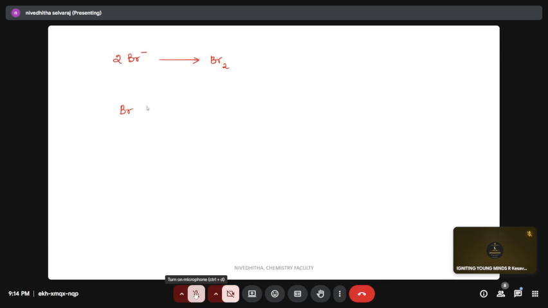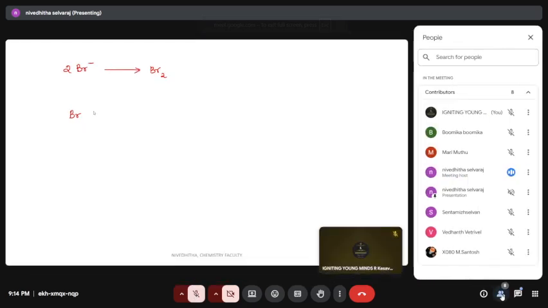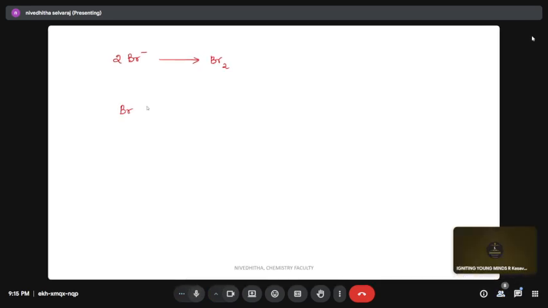If you know the atomic number, you'll write the electronic configuration to find the valence electrons. But even without knowing the atomic number, just by seeing the position of the chemical species in the periodic table, we can easily find the valence shell, valence electrons, and its combining capacity also. In the next class, first I'll teach you that, and we'll get into this reaction. His answer was perfect: 2 electrons were lost, and that reaction is the oxidation reaction.